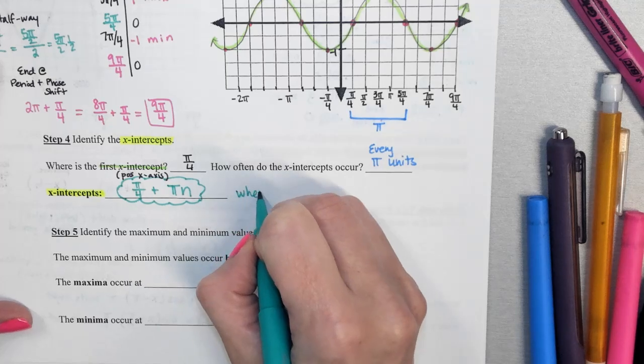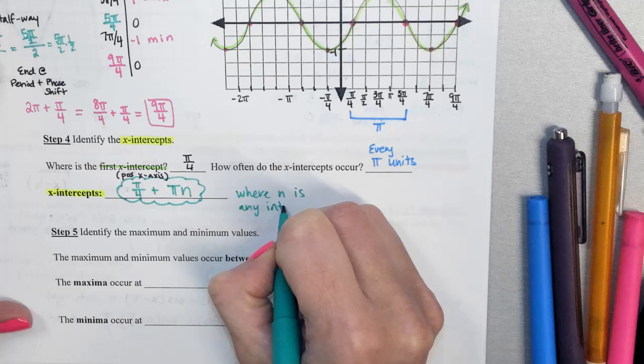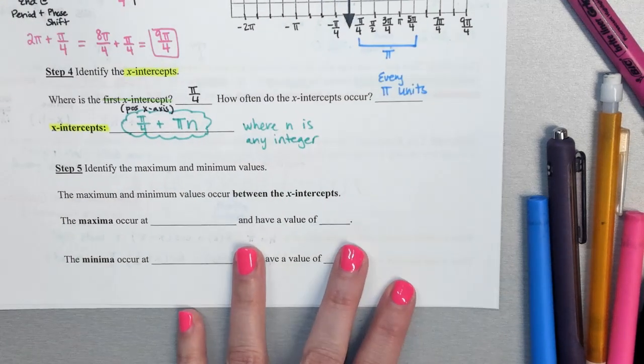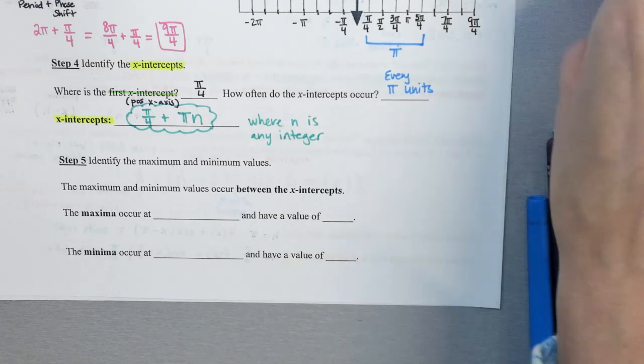And this is where n is any integer. You don't have to write that every time. I just want you to know that's what the variable represents. So it's pi over 4 plus pi n.